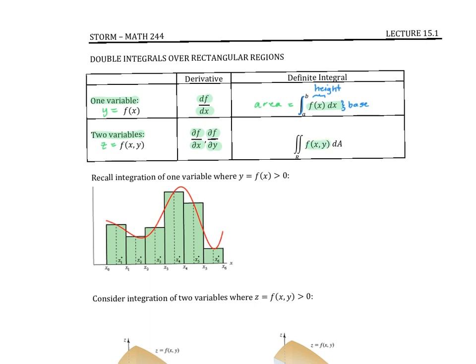Okay? But now we're going up a dimension. We're adding a variable, so we're adding a dimension. So this is no longer an area. This is a volume, where we have the height of our object as being the value of the function. So this is your z value. It'll give you a height.